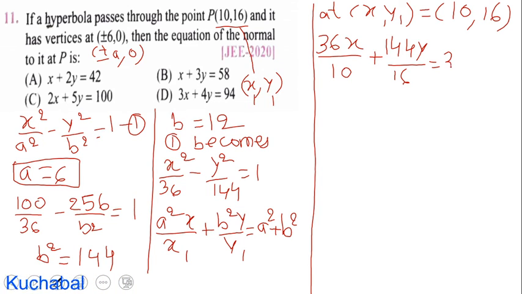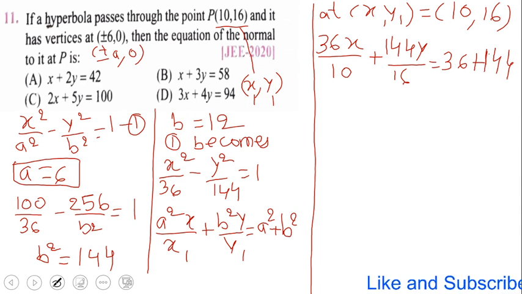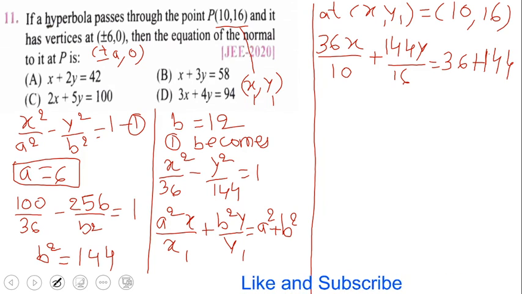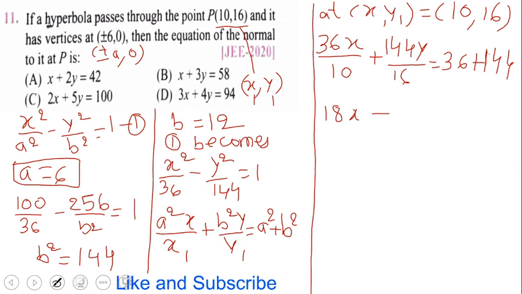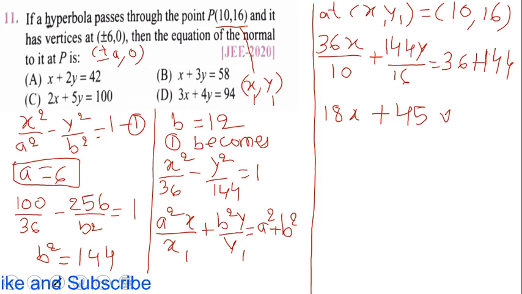Simplifying this equation, we get 18x plus 45y equal to 900.